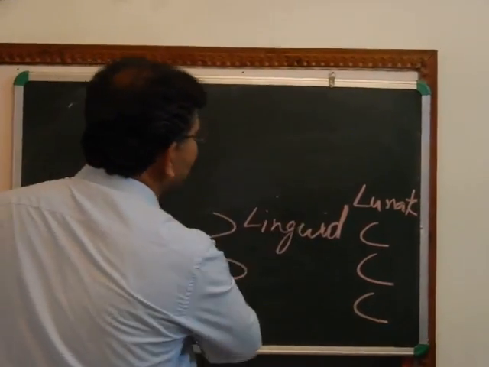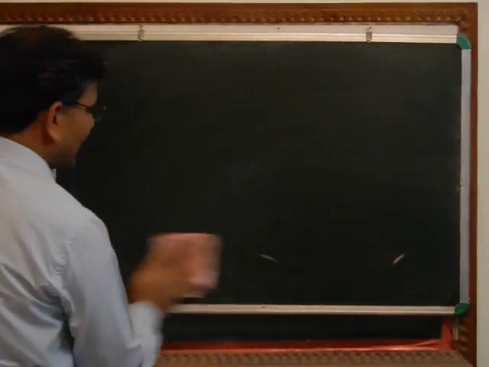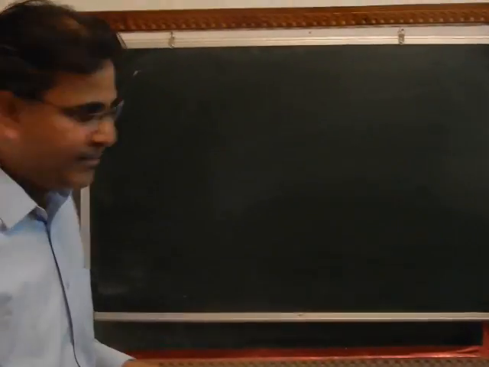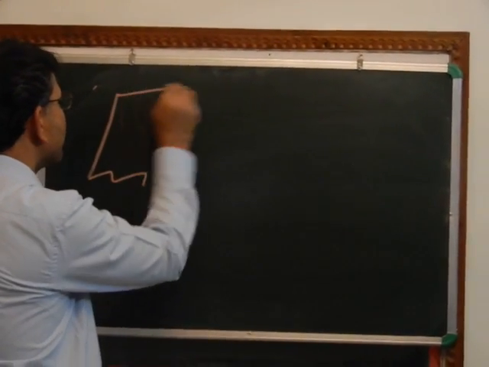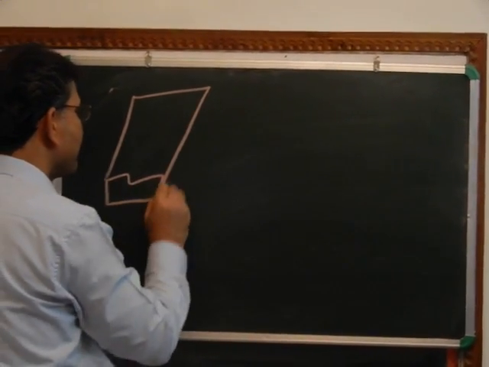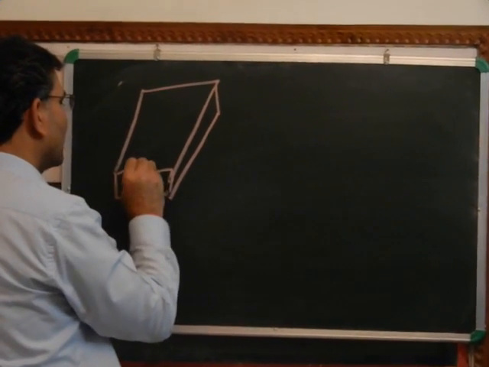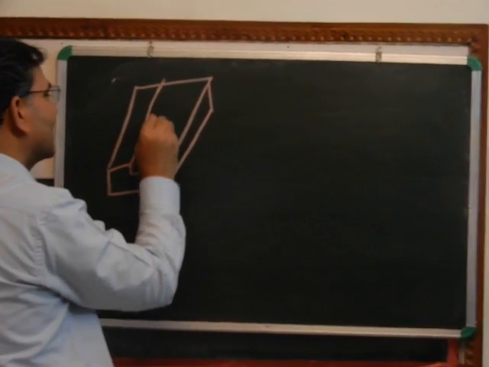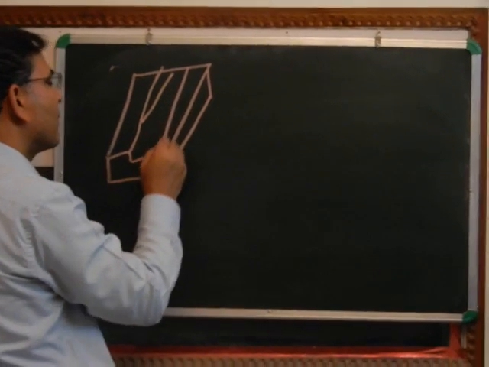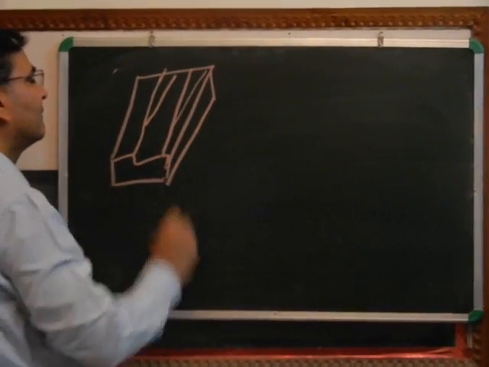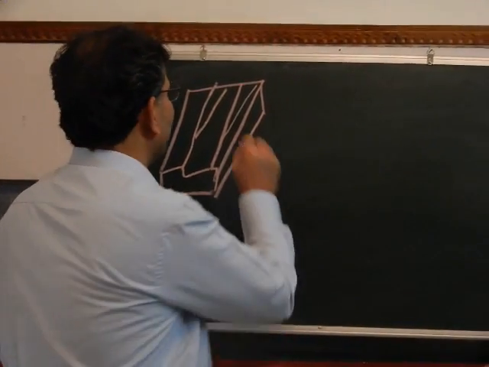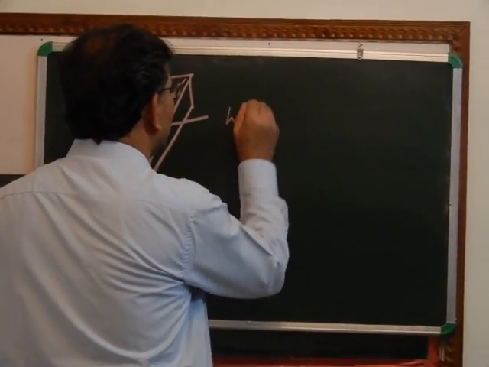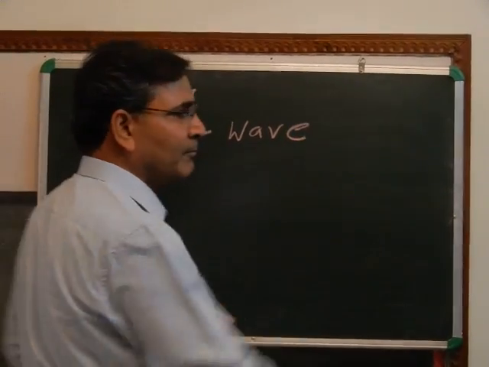In some of the cases the crest bifurcates, means if this is the direction, the crest is going like this and then it will bifurcate. If there is bifurcation in the crest, it means that it is formed by wave action.